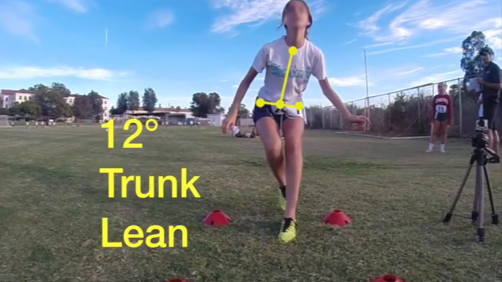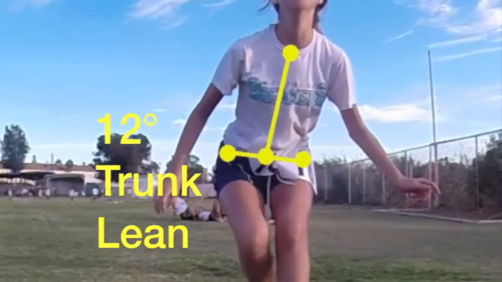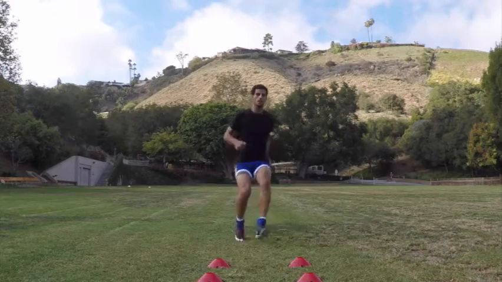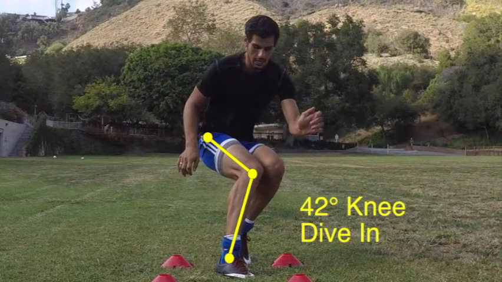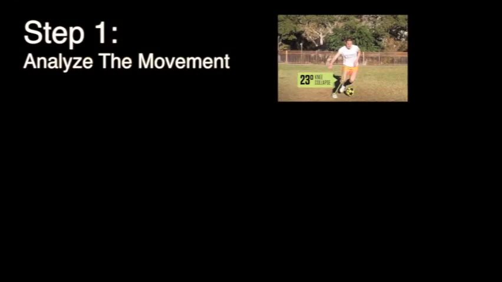Here, every time she runs and cuts, she leans to the side, again contributing to injury. And like we saw before, his knee dives inward. So each one of those previous 3 players would need a different type of exercise to maximize their performance and minimize their pain. There are 3 steps to maximizing your efforts in preventing injuries.